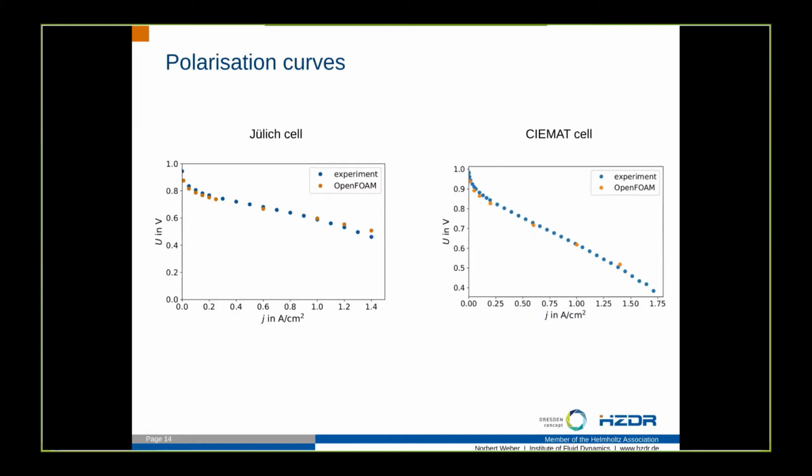And the reason is simply that such a fuel cell changes its properties with aging, and including all these aging effects would also require much more detailed membrane models or catalyst layer models, which would be extremely complicating. Anyway, in the end, I tried to reproduce these measured polarization curves for both cells, and you can see here that it fits quite well.